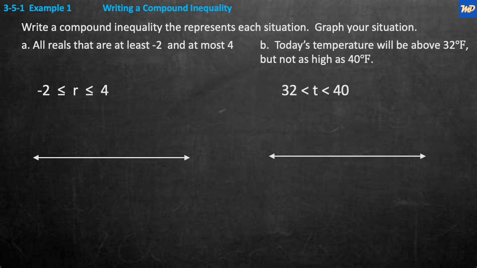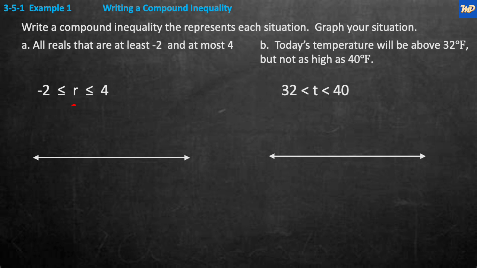Write a compound inequality that represents each situation. Graph your situation. All reals that are at least negative 2 and at most 4. So what is that? Okay. We're going to use R right here, R for the reals that they want us to graph here.